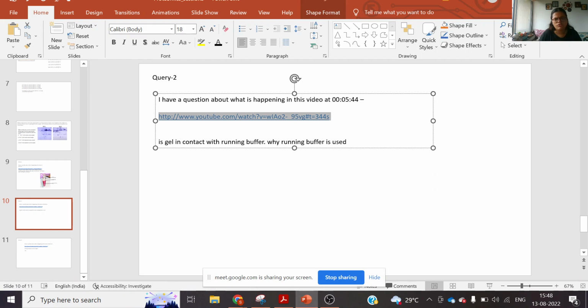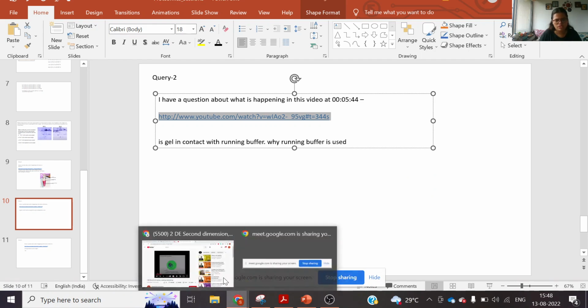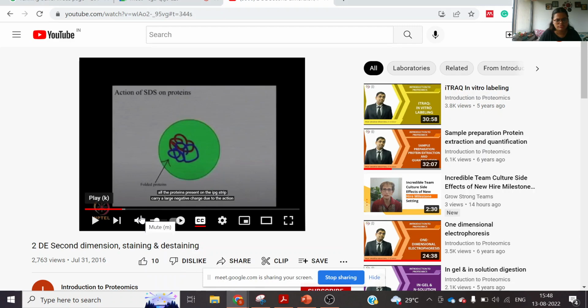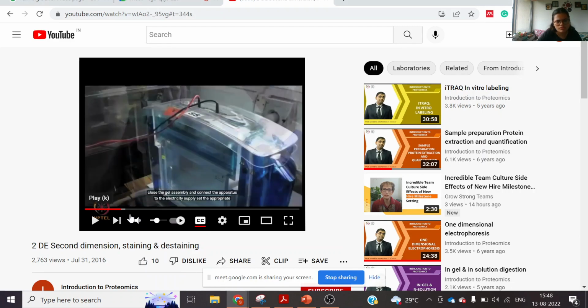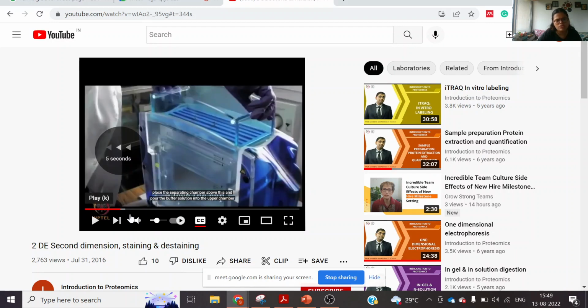So at 5:44 minutes, somewhere here, the apparatus for performing simultaneously running multiple gels is shown.